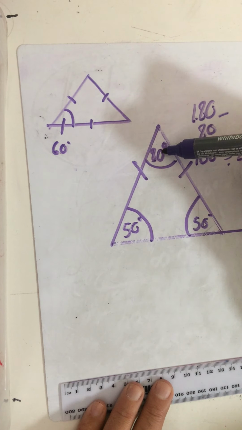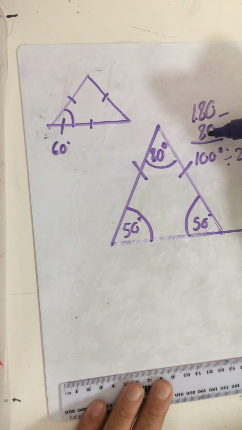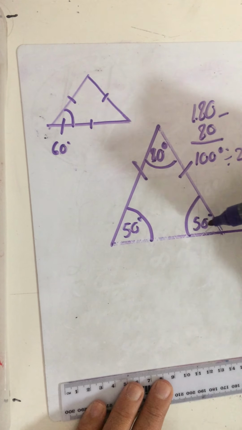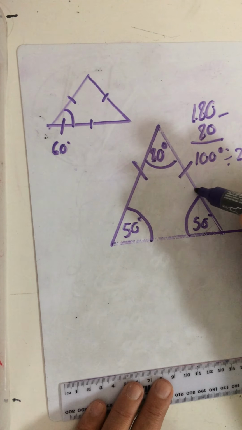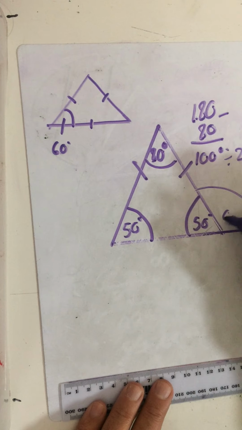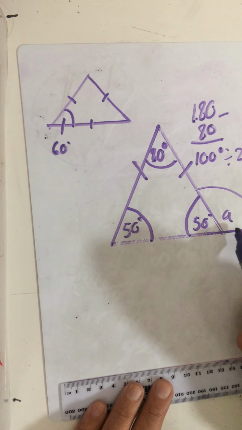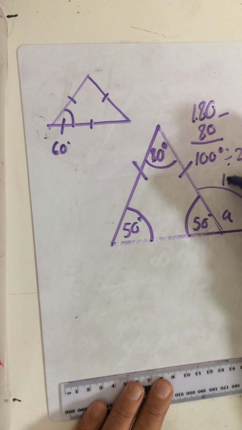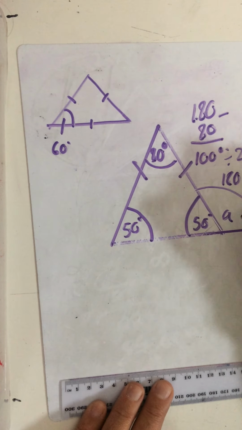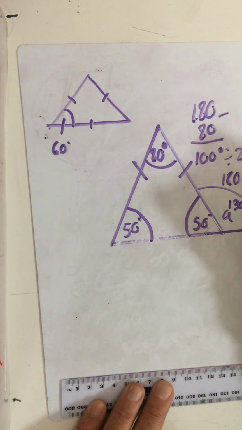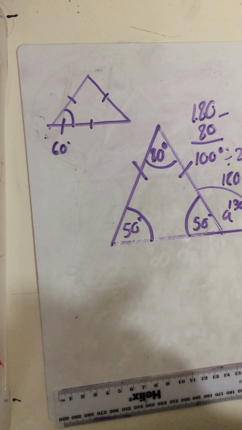So if I've got this top one, I just take it away from 180 and then halve the answer, and then I know what I've got here. So from that I can work out my missing angle here, A. Angles on a straight line is 180, so it's 180 minus 50. This one's 130.